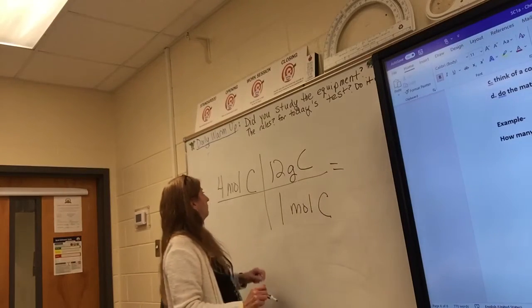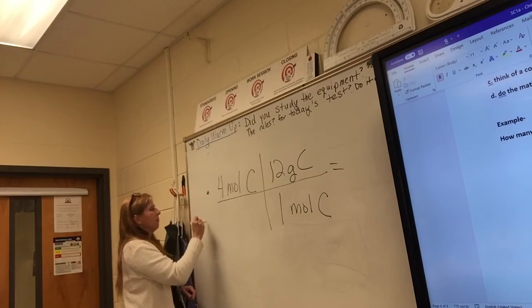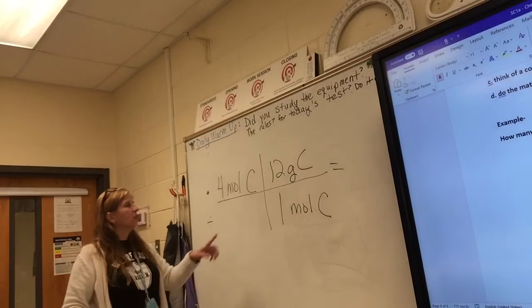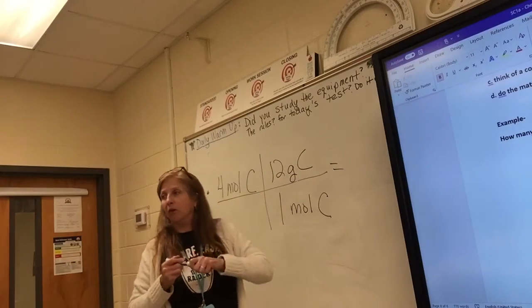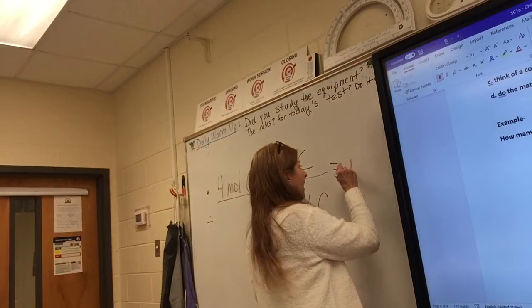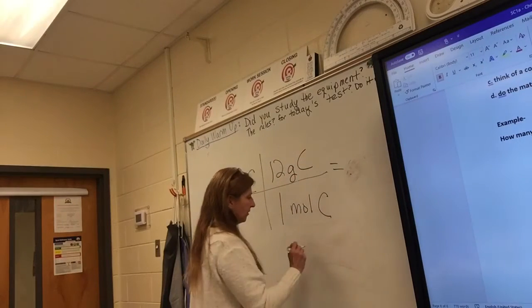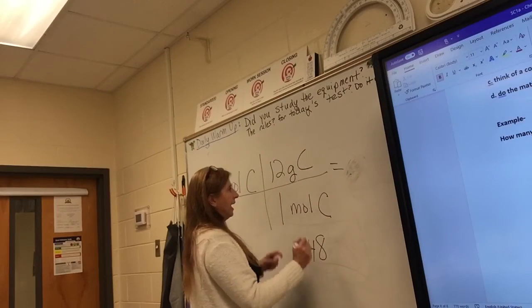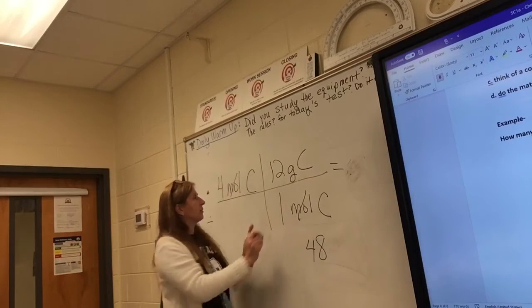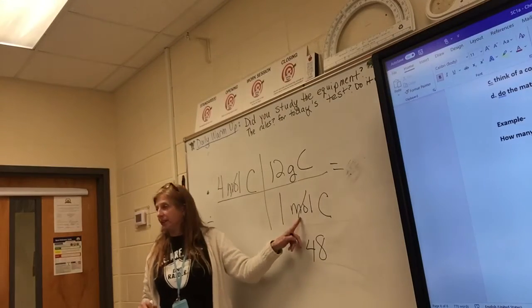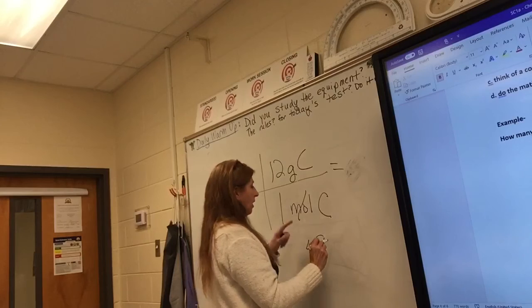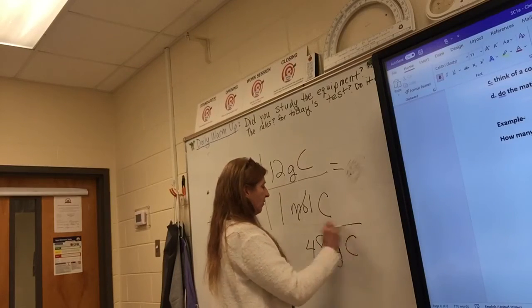Now we multiply them. You multiply any number on top, you divide any number on bottom. So what is 4 times 12? 48. I'm going to write it down here because I don't know if my camera can see it. 48. The moles cancel out because I have 1 in the numerator and 1 in the denominator. So I'm left with grams of carbon.